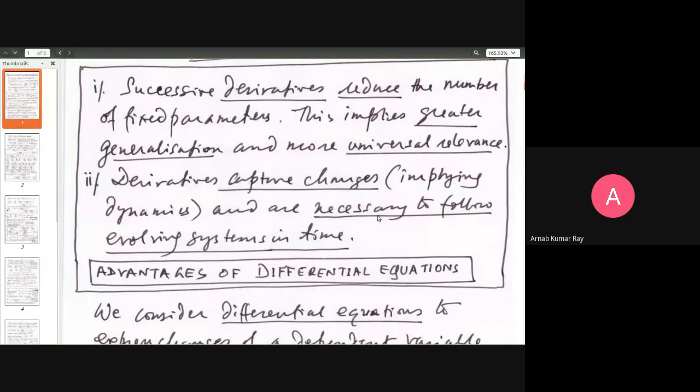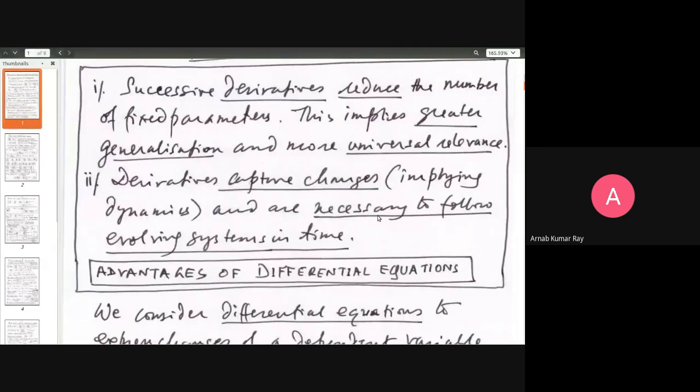We shall discuss all those things when we properly take up physical problems. But as you can see, time is very important over here because it is through time that things are changing. And you'll be able to mathematically capture the changes with the help of a derivative. And equations set in terms of derivatives are differential equations.